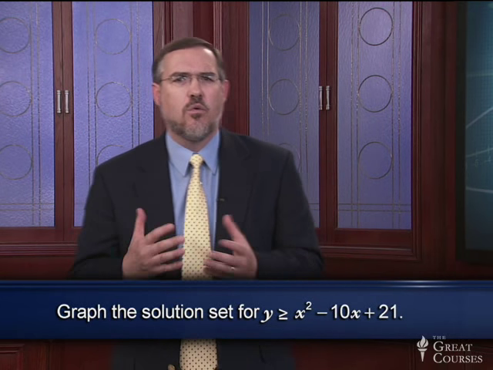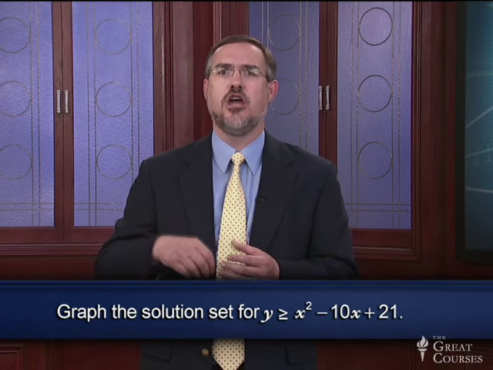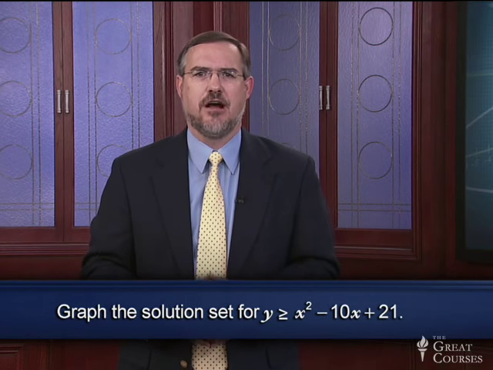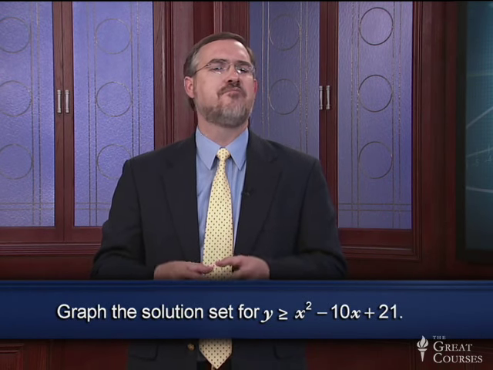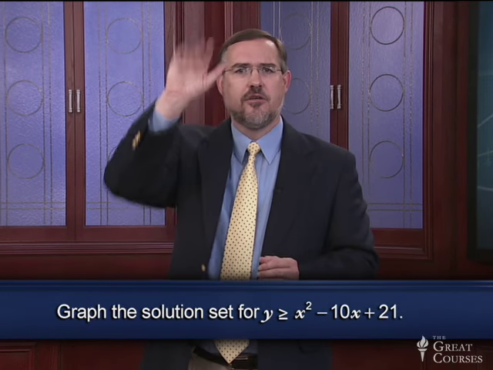So now I want to know where are the points that are greater than or equal to, or I should say more carefully, where y is greater than or equal to x squared minus 10x plus 21. Well, it turns out here that they're the points that are sort of above the parabola.